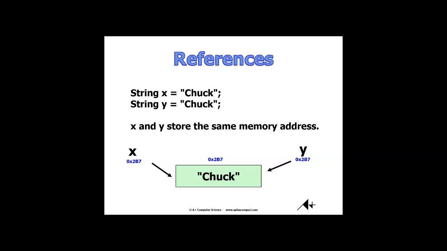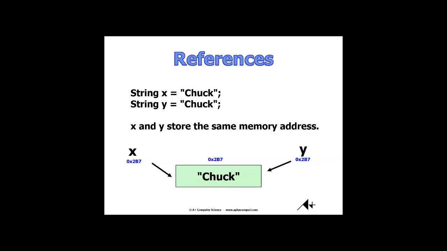Here I've got X and Y both pointing at "Chuck". We've already established strings are immutable. So because strings are immutable, once you create "Chuck" with quotes around it, Java only wants you to have one of those. When you say X points at that "Chuck", and when you say Y points at "Chuck", Java says, whoa, I already have a "Chuck" out in memory. Y, you're going to point at the same place.